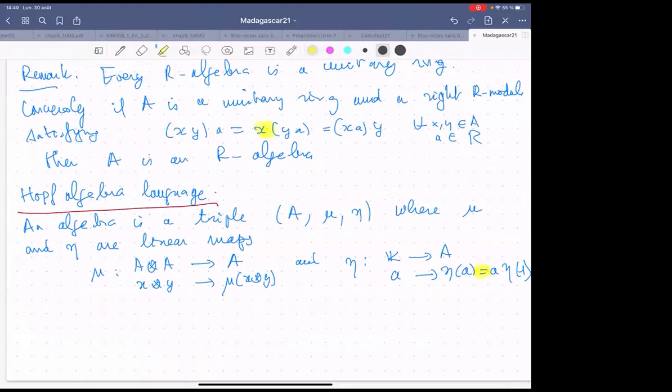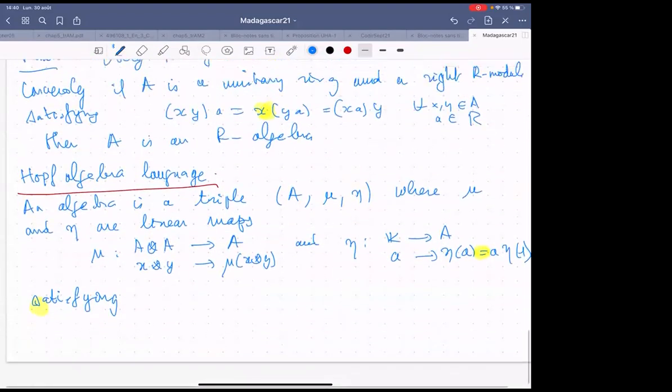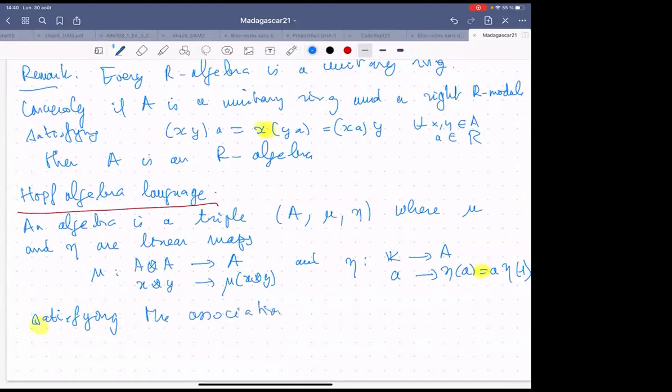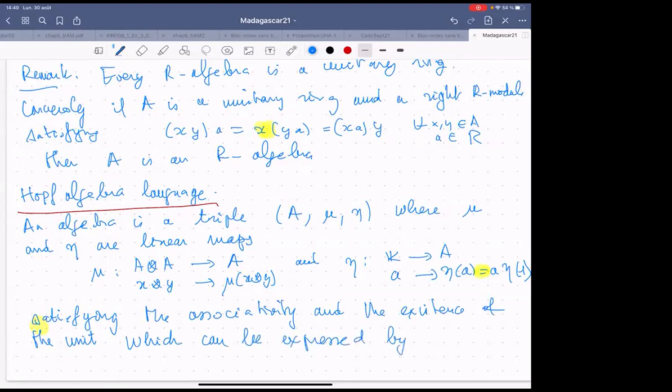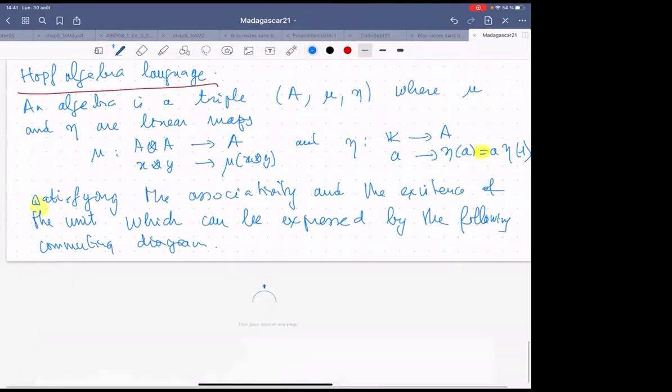And now the associativity. These two maps should satisfy the associativity, and of course the existence of the unit, which can be expressed by the following commuting diagrams. How can I write these two diagrams?